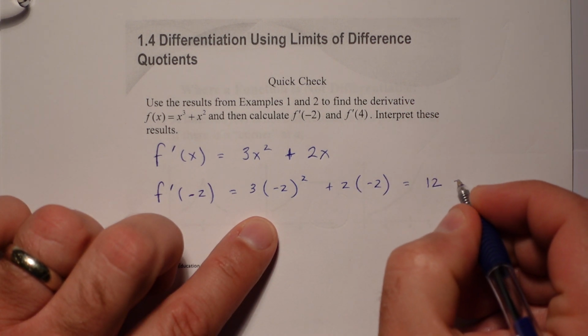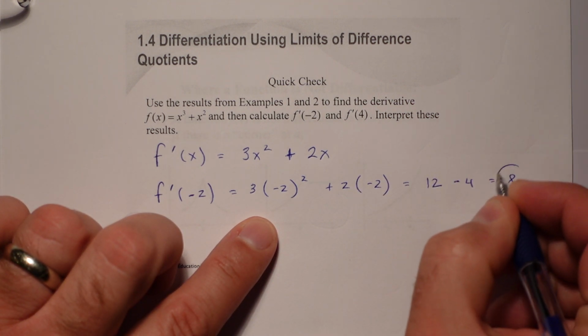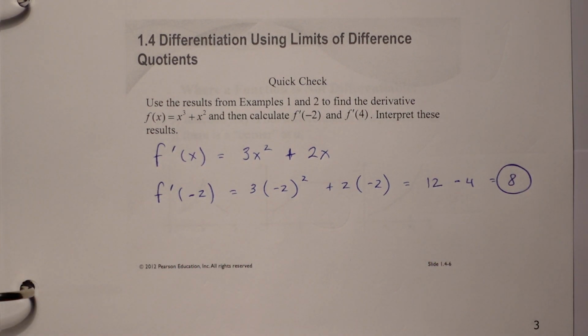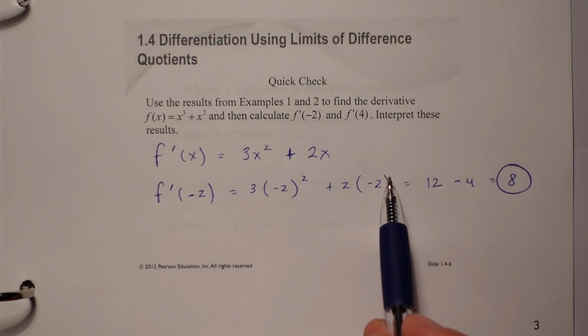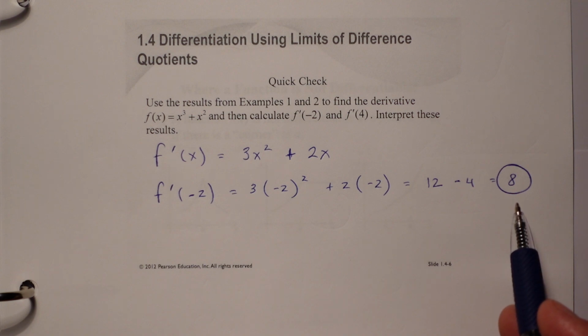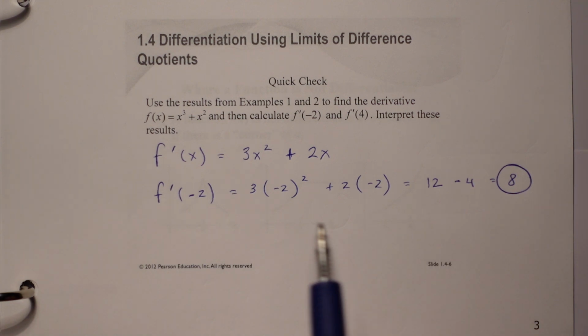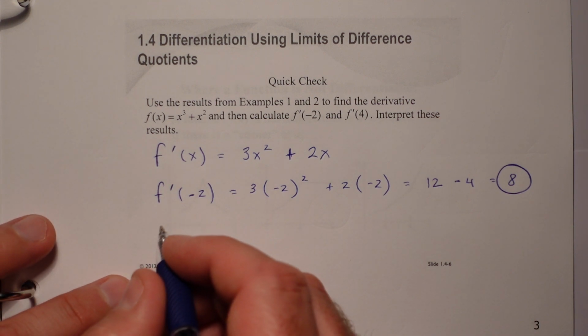And then I'm going to subtract a 4 from that. That's positive 8 for the slope. That's the slope of the function at that location. Notice they ask us to interpret the results. So that's the interpretation. This is the slope of our function at that x value.